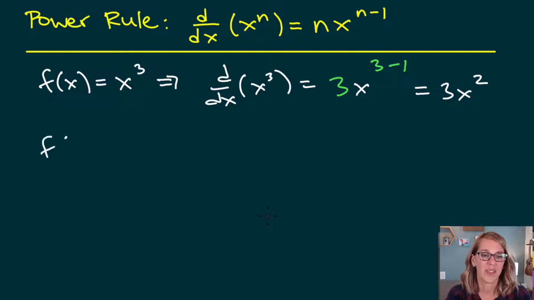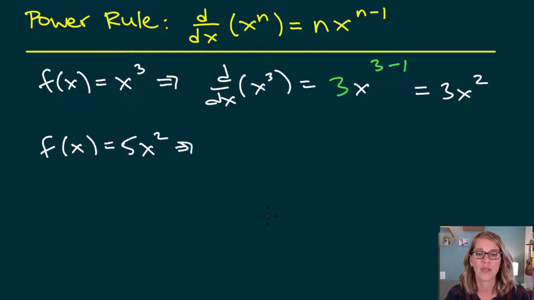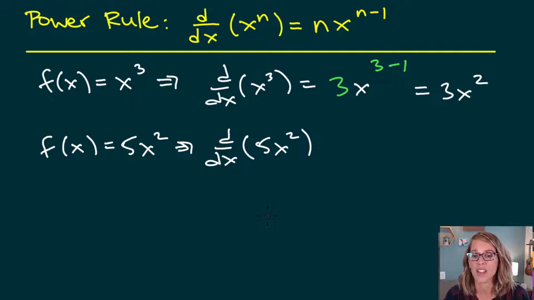Let's do another one. So let's say that we have this time f of x is equal to, let's do 5x squared. As I'm applying the derivative here, so d dx of 5x squared, I can actually pull that 5 out in front. So I end up with 5 outside, and let's go ahead and apply the power rule to the x squared.